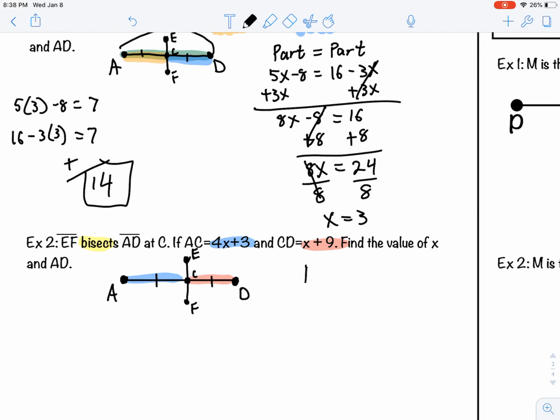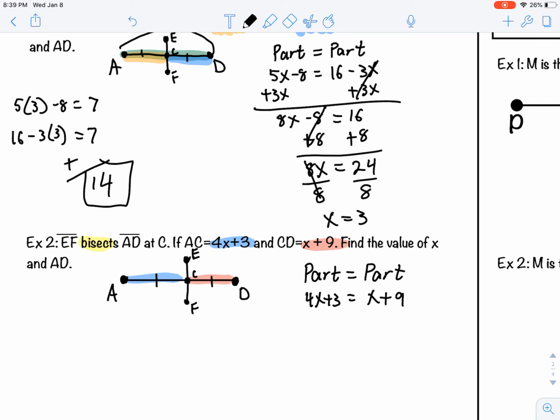All right, so I can do part plus part. Part equals part. Okay, since I know I have 2 equal parts. All right, so I'm going to set my 2 expressions that I have equal to each other. So I have 4x plus 3 is equal to x plus 9.